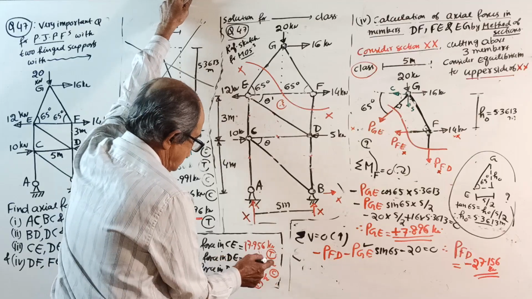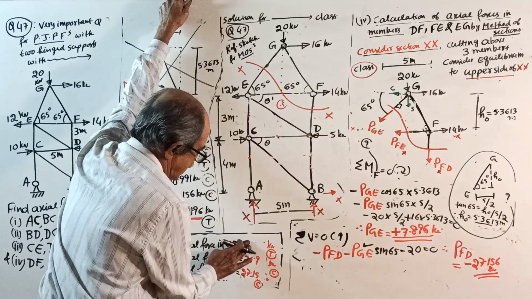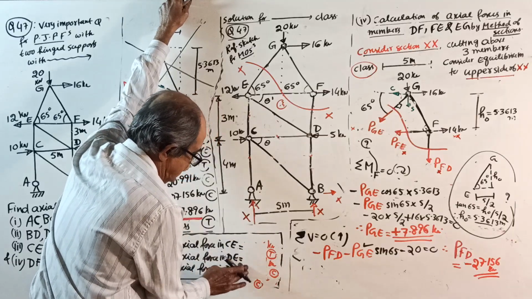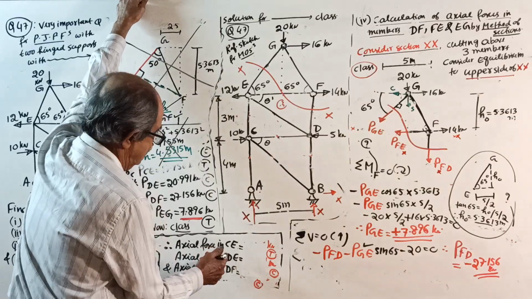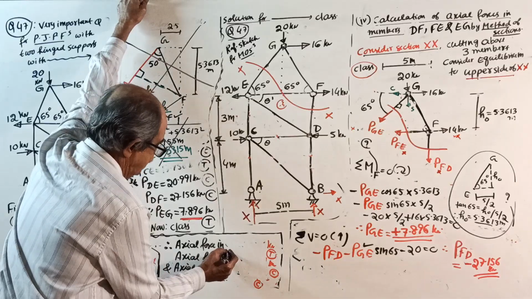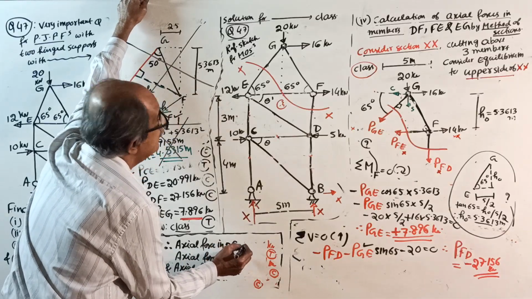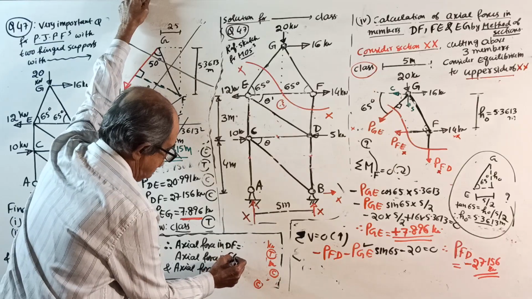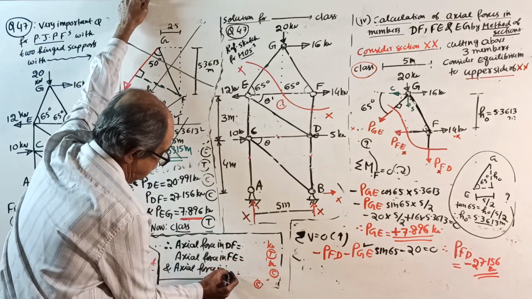This is still not ready. I should not write this here because this is the last answer. One minute now, don't see here. You want the force in which one? The other members have the previous answer. Forces in DF, then FE, and lastly EG. This is the final answer.